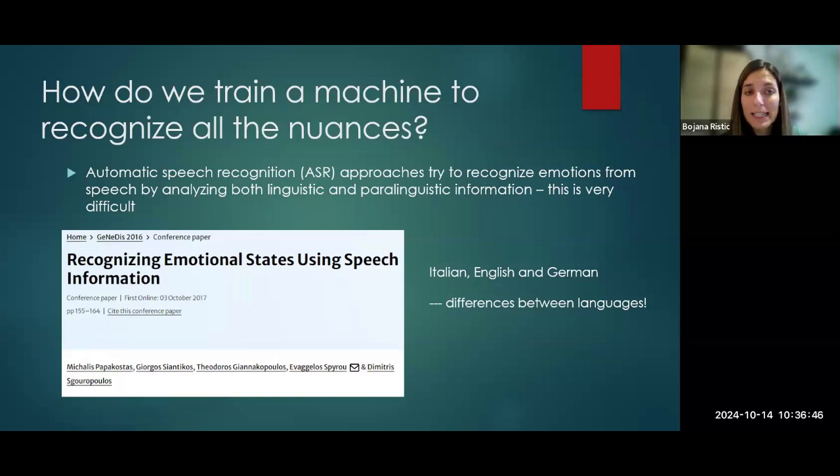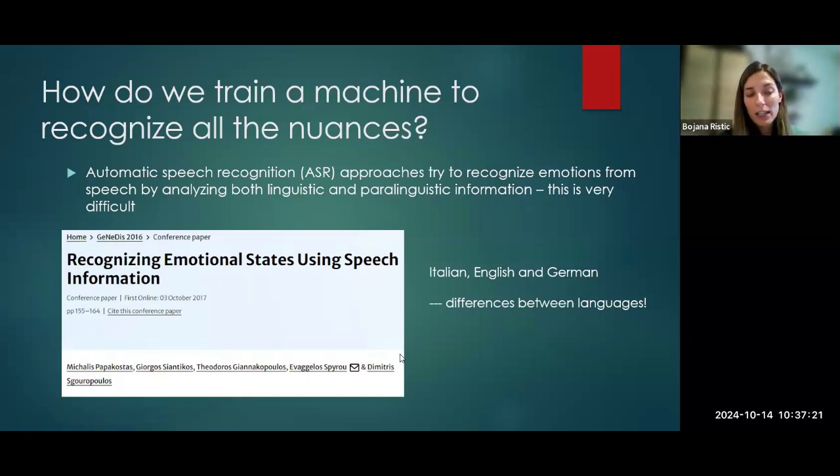And these automatic speech recognition approaches are trying to recognize emotions from speech by analyzing both linguistic information, which was what we previously said, which words are used, how you structured your sentences, etc., and paralinguistic information. In this particular paper, which was written by Papakostas and colleagues, it was a conference paper, they tried to make it very, as I said, systematic, right?